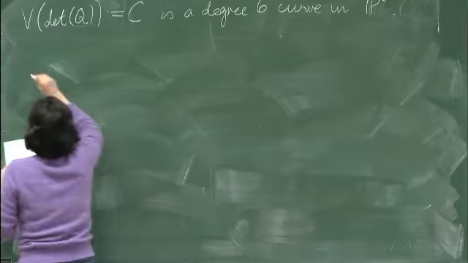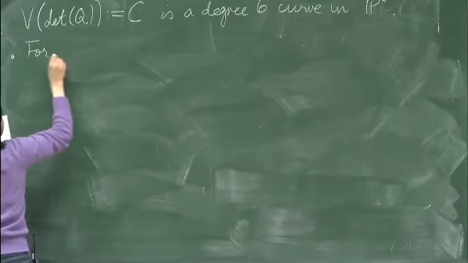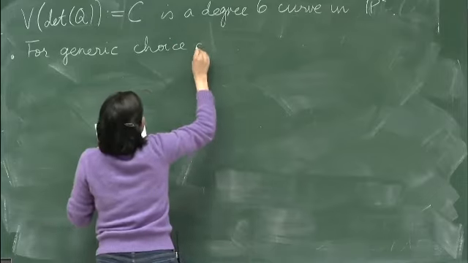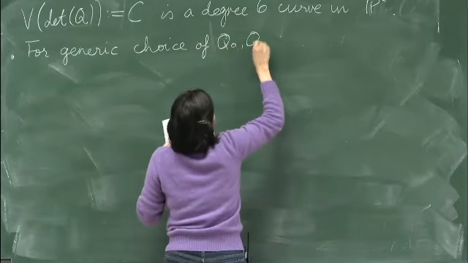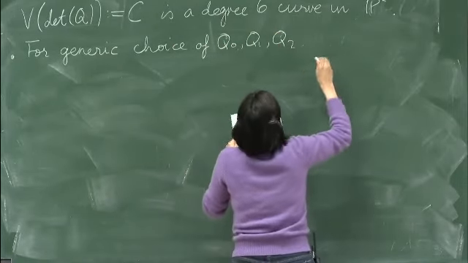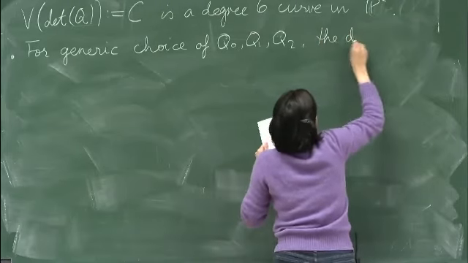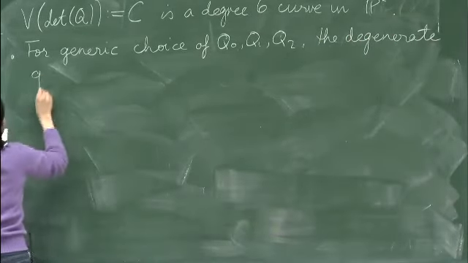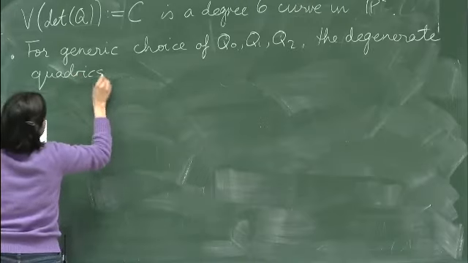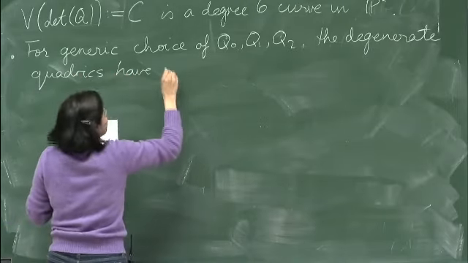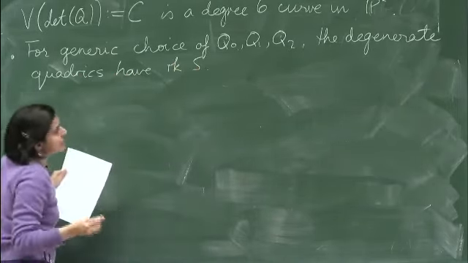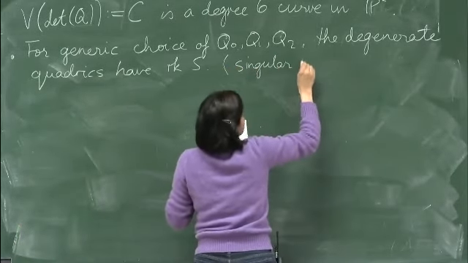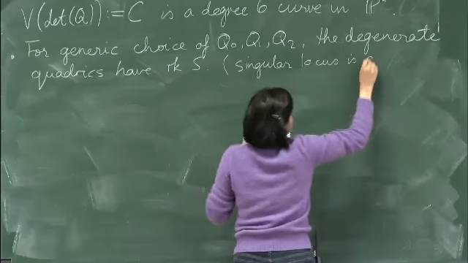Okay, and an important assumption: for generic choice of Q0, Q1, Q2, the degenerate quadrics have rank 5, i.e. the singular locus is just a vertex, a point.